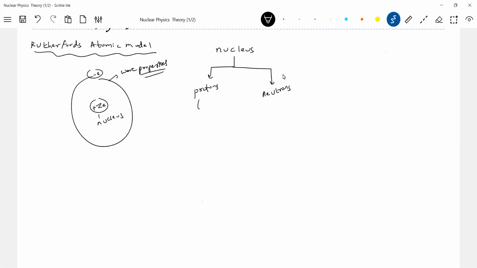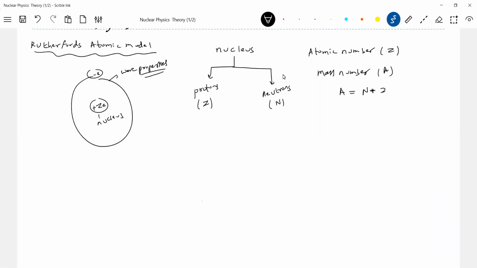The number of protons is represented by Z, and the number of neutrons by N. Based on this, for a nucleus, the number of protons indicates the atomic number, and the mass number, which we denote by the symbol A, is the sum of protons plus neutrons.